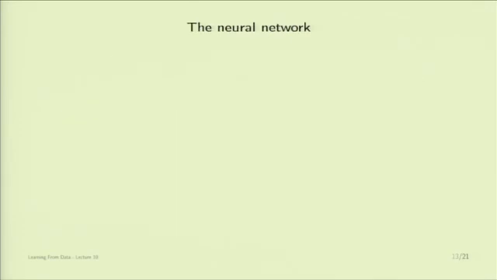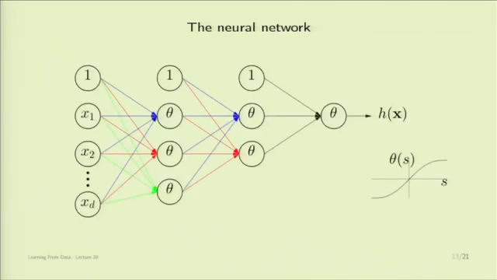Okay. So the neural network will look like this. It has the inputs, same as inputs before, and it has layers. And each layer has a nonlinearity. I'm referring to the nonlinearity generically as theta. Remember, theta was used in logistic regression as very specifically the logistic function. I'm using it here generically for any nonlinearity you want.